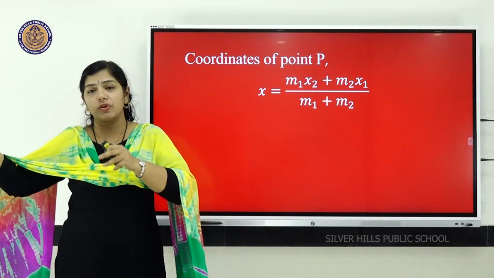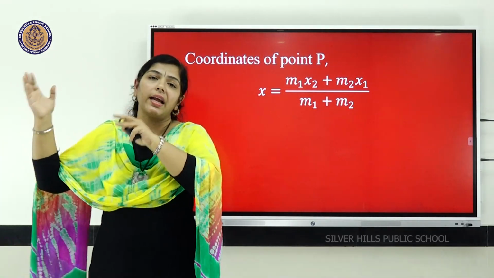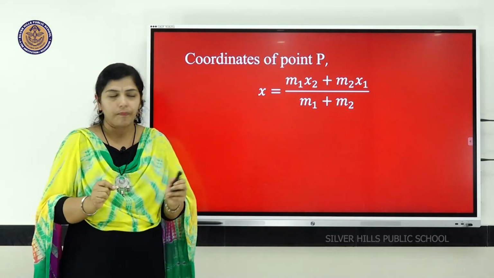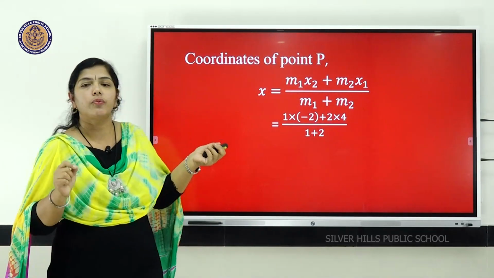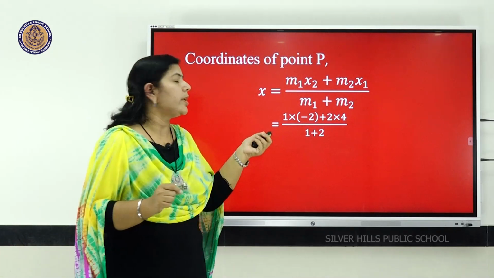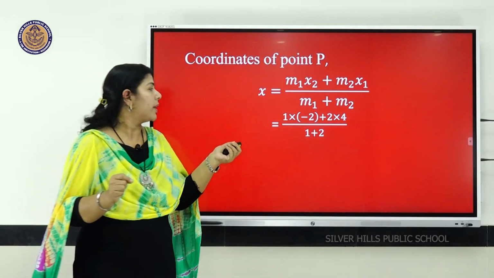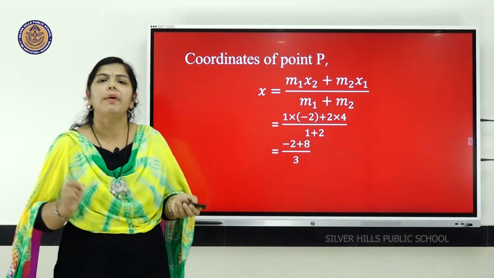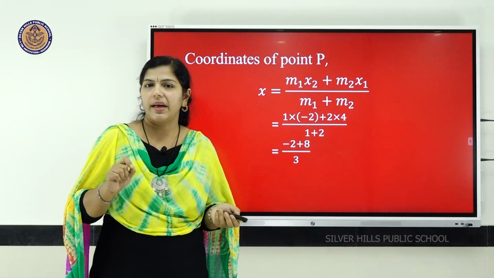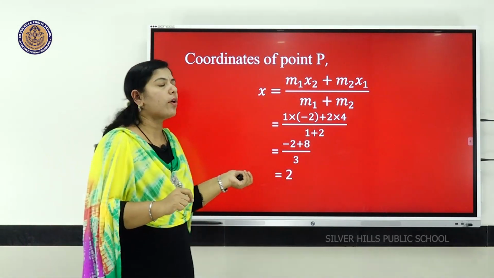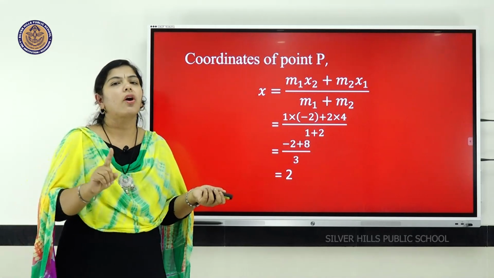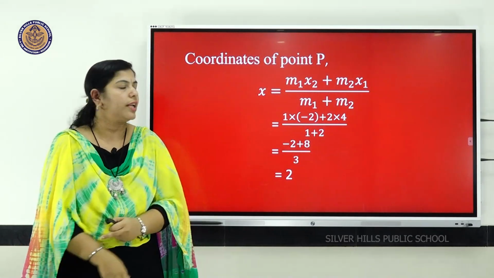That is equal to 1 into minus 2 plus 2 into 4, whole divided by 1 plus 2, equal to minus 2 plus 8, whole divided by 3. That is, the x coordinate of P is 2. We got the x coordinate of P only, it is not finished.